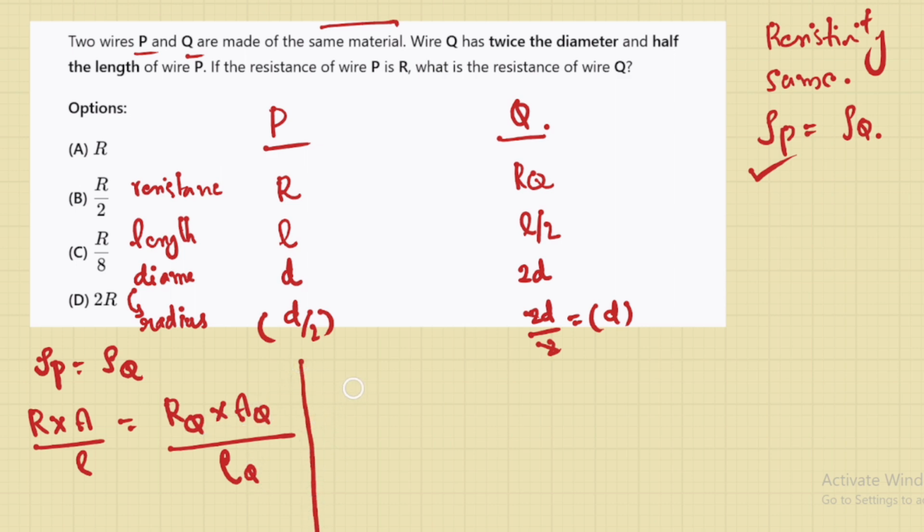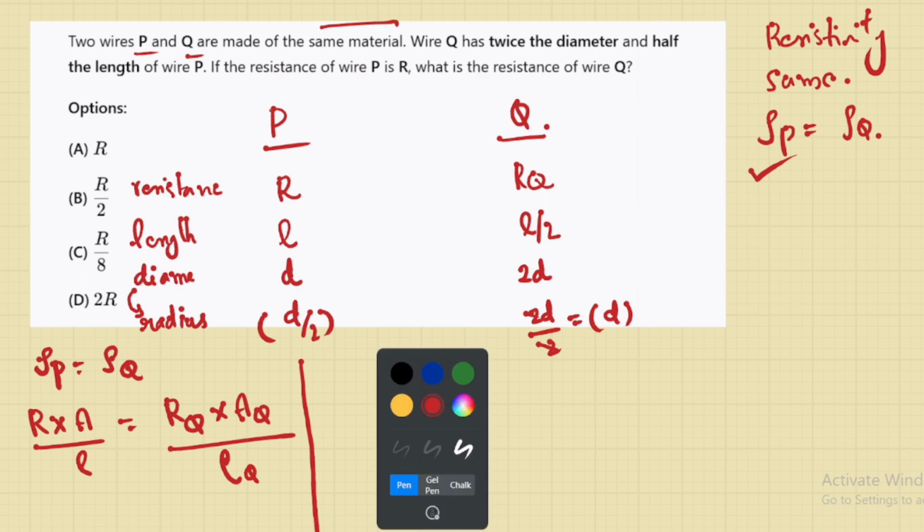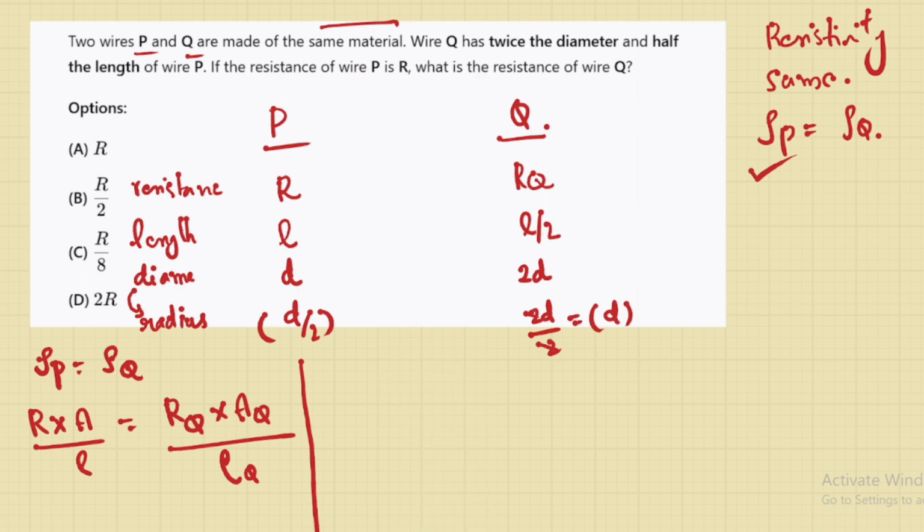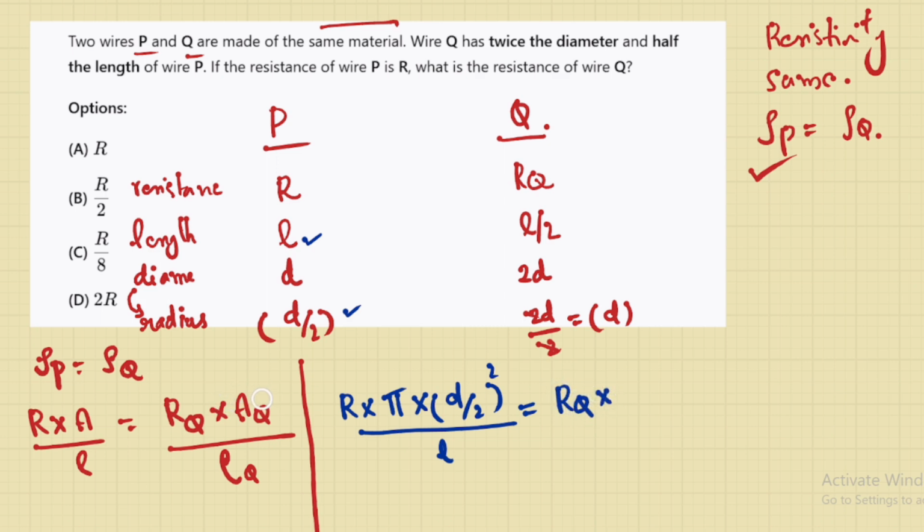Next, let's substitute the things that we already got. By substituting, we get R into the area, which is pi R square. What is R here? D by 2. So D by 2 the whole square divided by L, which is equal to RQ into the area, pi R square.